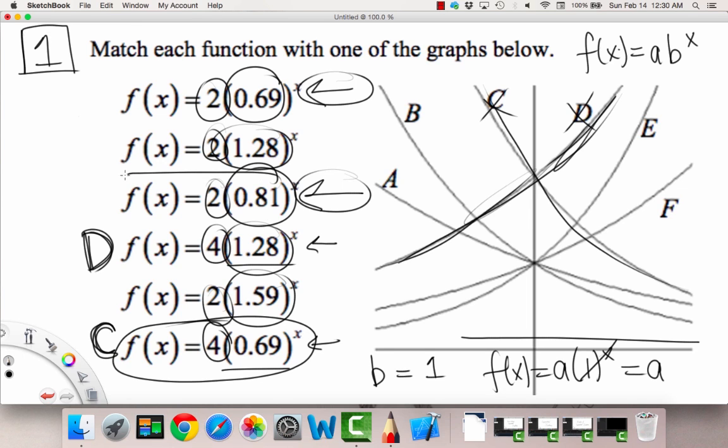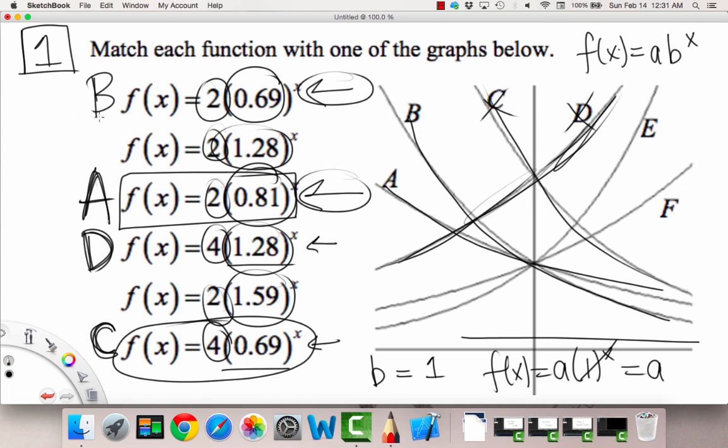So this one right here, the one that I'm putting a box around, is going to be closer to a line or less steep than the other one. Okay, so if we look at A versus B here, we see that A is less steep than B, right? So A must correspond to this function right here, and B is then left for the other one.